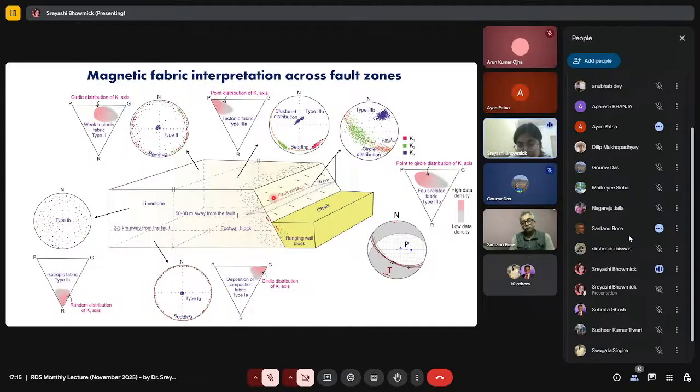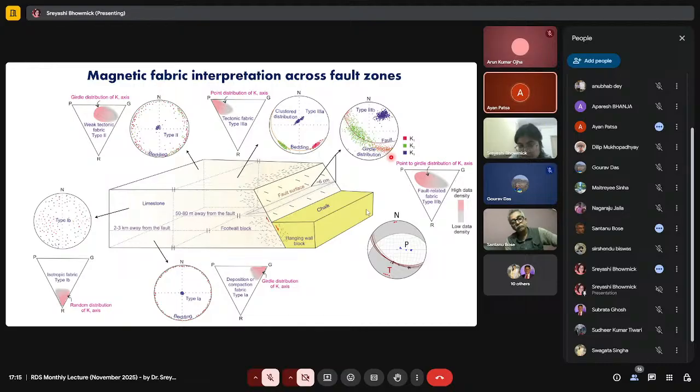You have to repeat the question. Sorry, I could not understand which particular example you are talking about. I'm talking about the fault surface, this one, the girdle you showed. Yes, this one, right? So we should expect the strain to be maximum close to the fault, right?